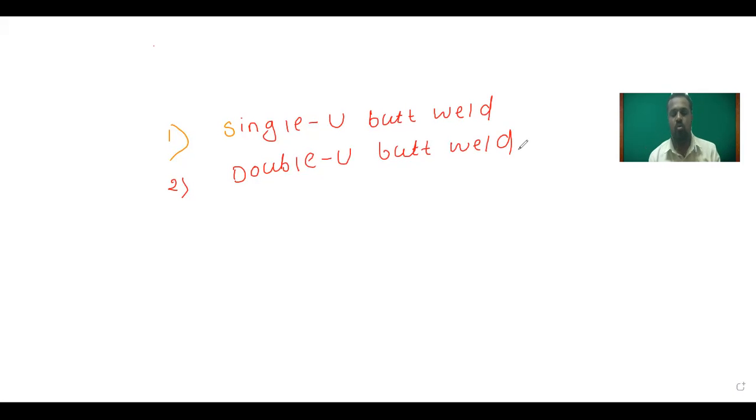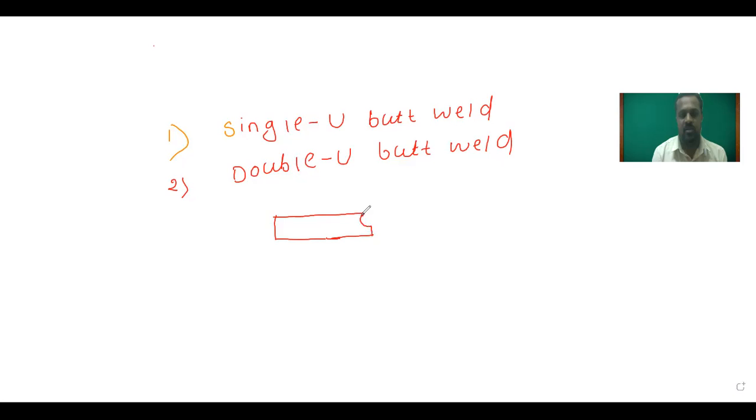Okay, how we have to generate the single U butt weld? Suppose we are having the plates or workpiece like this. Here for the single U butt weld, we have to cut the edge of this plate like a J type, like this.